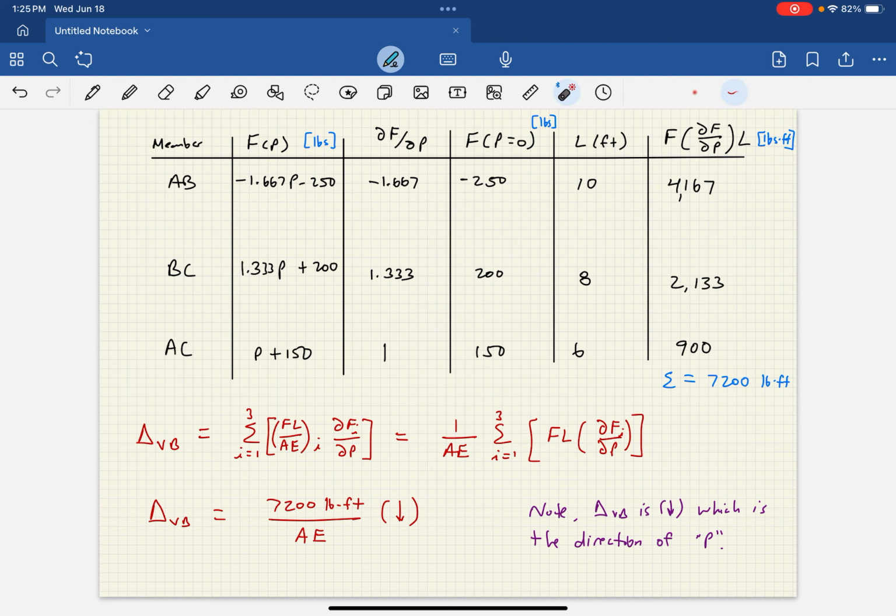So this is our final answer, and would the units make sense? Do the units check out? Yeah, they should. A is going to have units of length squared. E is going to have units of force per length squared. So you get the length squared terms canceling between A and E, and then you're left with just a force term in this denominator, which will cancel with a force term in the numerator.